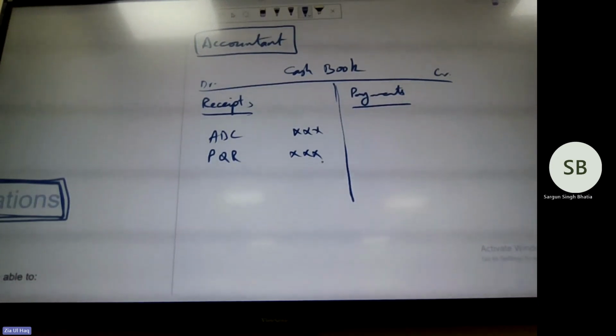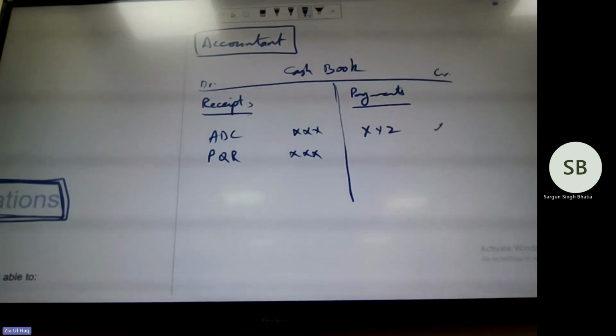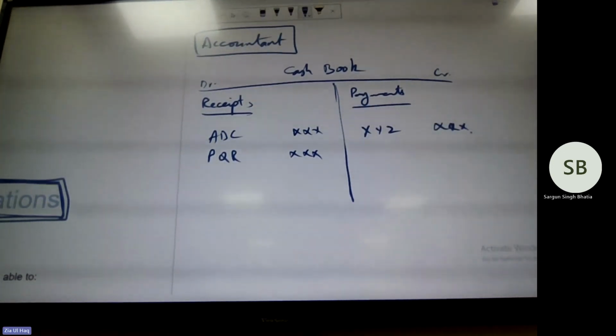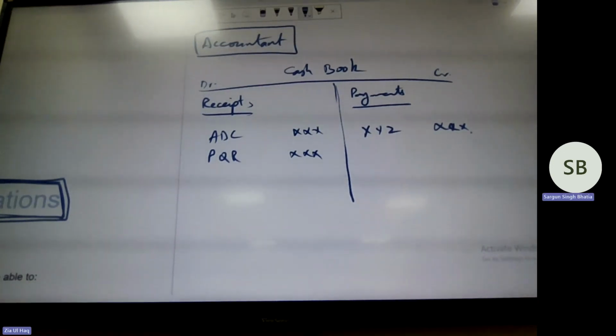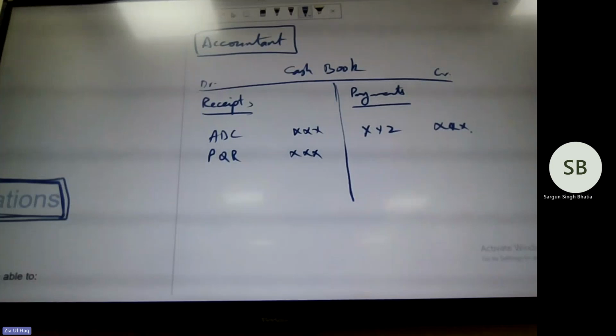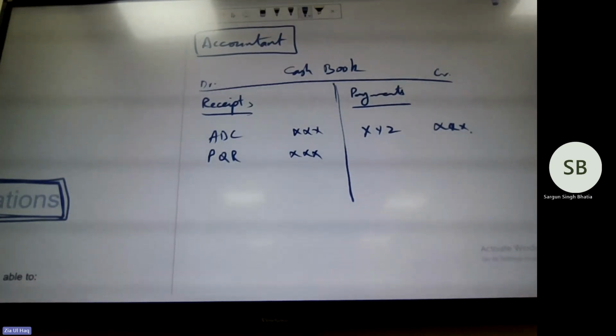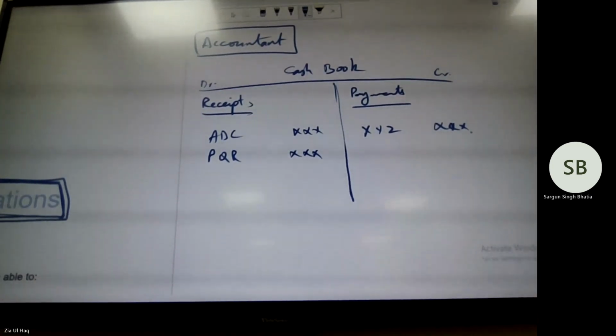Suppose we have paid some amount to a supplier XYZ. So we will record it on the credit side. Simple. The cash book is a cash ledger. On the debit side, we record cash receipts. Normally we receive cash from the customers. And on the credit side, we record payments: payments to suppliers, payments to employees, payments for expenses.